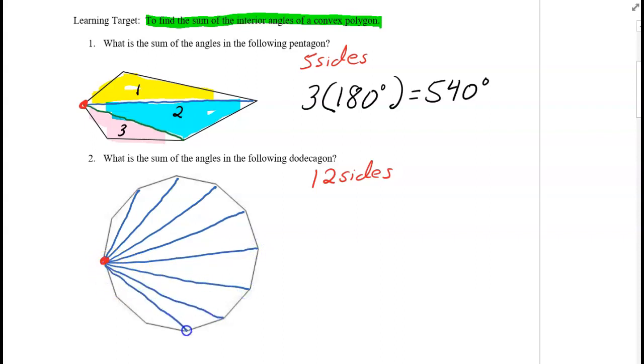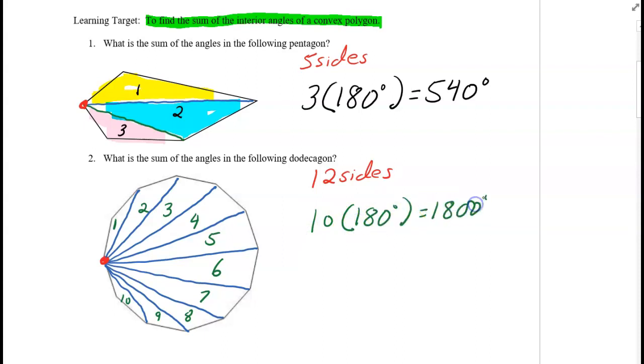And again, you can see that we have several triangles. And I'm going to count up those triangles. We have 1, 2, 3, 4, 5, 6, 7, 8, 9, 10. So we have 10 triangles, so that's 10 times 180 degrees, which is 1800 degrees.